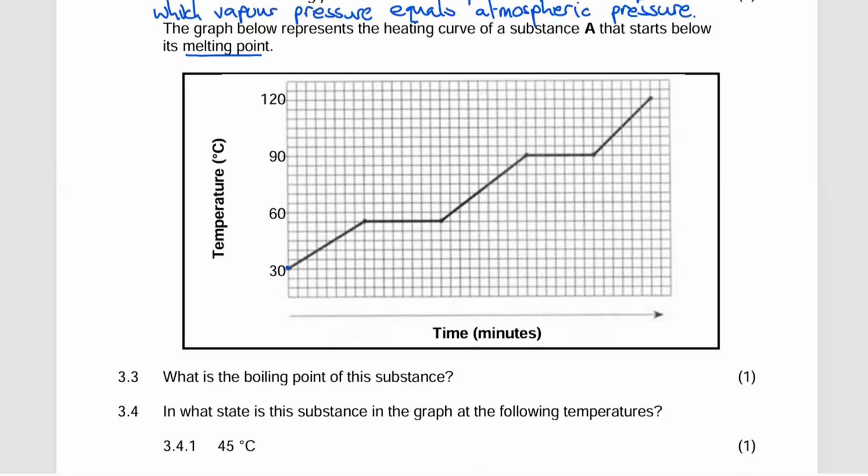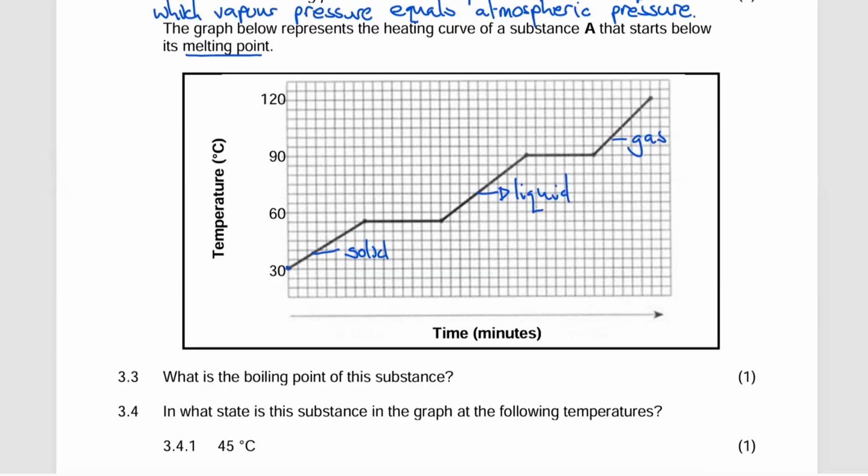If we split this graph into different parts, here is more of a solid, then here we have more of a liquid, and after that it forms a gas.